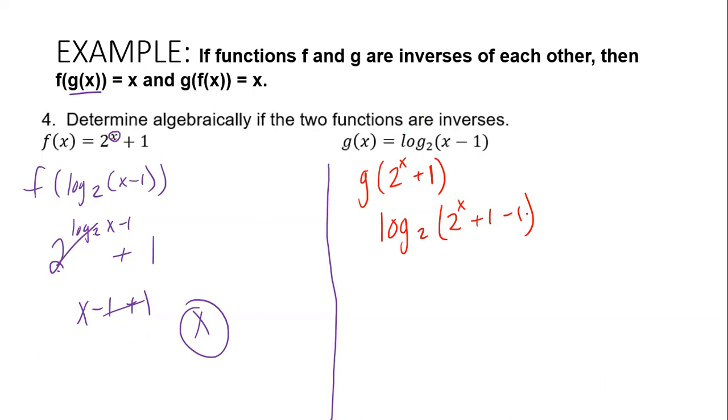What happens to the ones? They cancel each other out. I have a log of the same base and an exponential of the same base. What are they going to do? Cancel each other out. And what am I left with? x. So are these inverses? Yes.